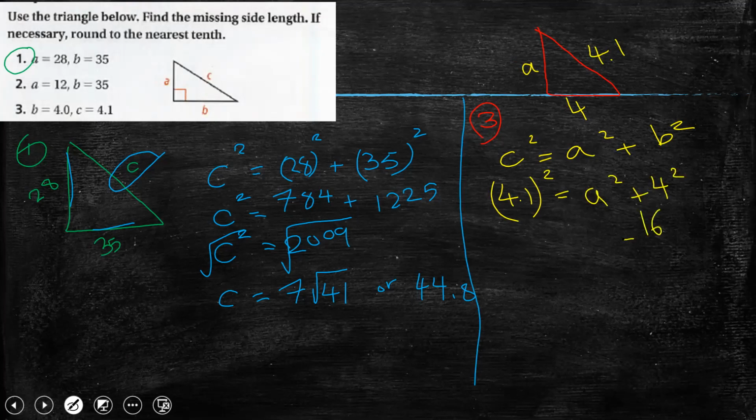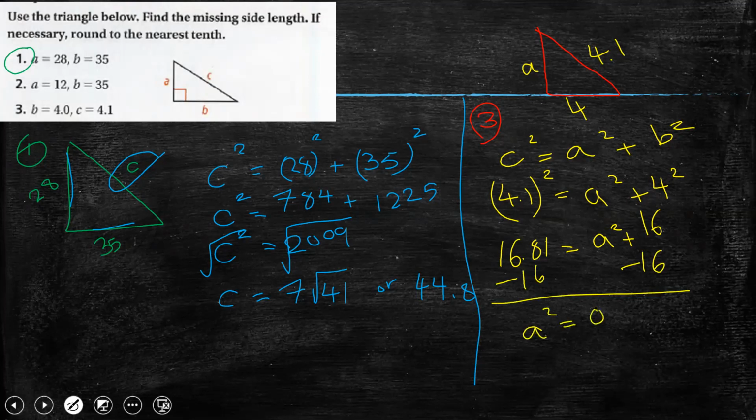16 plus A squared equals 4.1 squared, which is 16.81. Then A squared is added to 16. The opposite of adding is subtracting. So A squared here is 0.81.